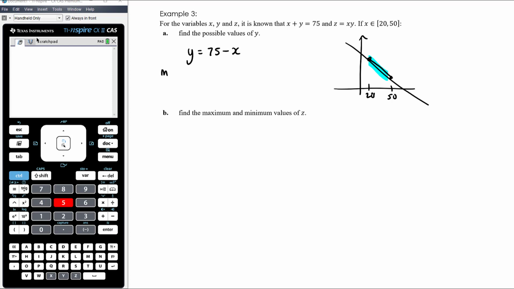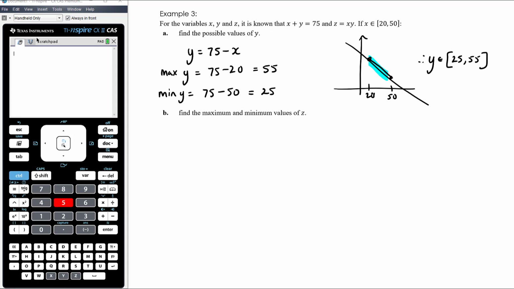So max y is going to be 75 minus 20, so 55, and minimum y is going to be 75 minus 50, so 25. So possible values of y: y can be an element of 25 to 55.